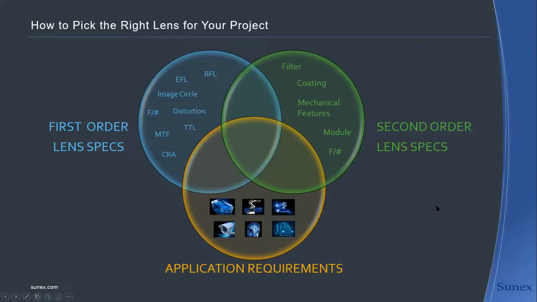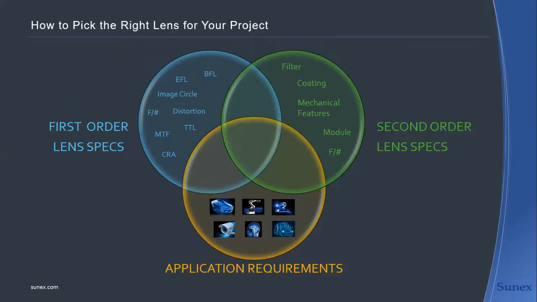But then there's a whole list of second order specs, the filter, particular coatings, some mechanical features like the barrel. You maybe see a barrel with an M12 thread and you wonder whether this could be M10 or M14, or maybe you want to have a particular feature on the barrel to maybe align it with your internal processes. Can a lens become a module, right?